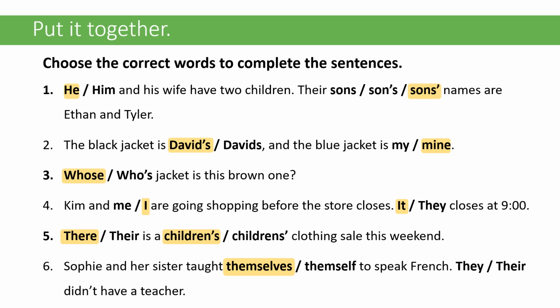Them means plural, so selves also has to be plural. Don't get confused by that, but this is something that people will say incorrectly, and we need to make sure we're writing it correctly. So should it be they or their didn't have a teacher? In this case, it should be they.